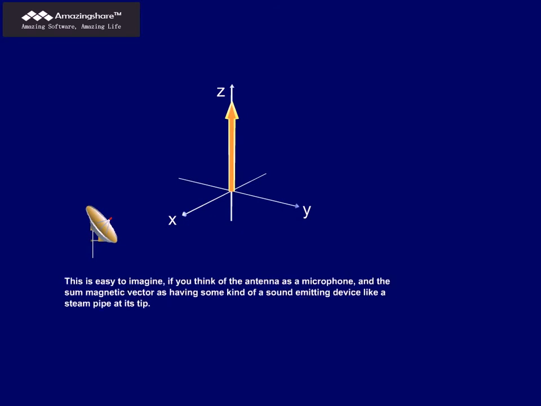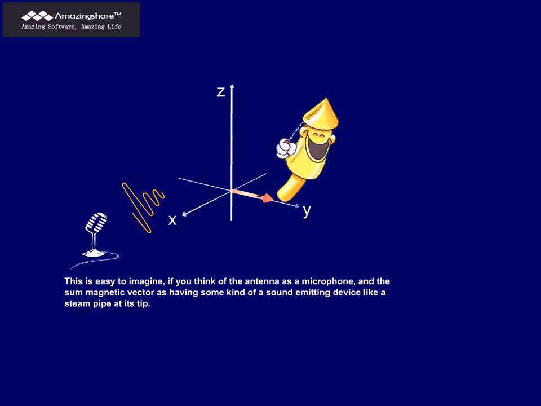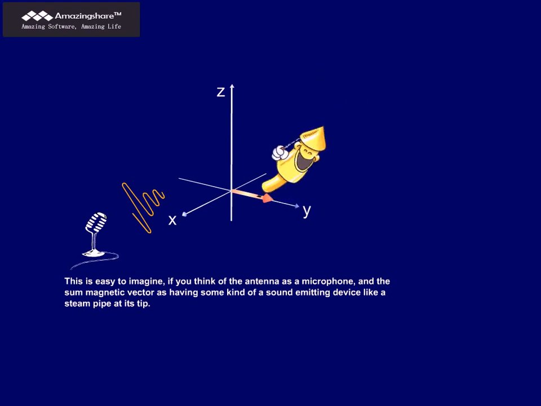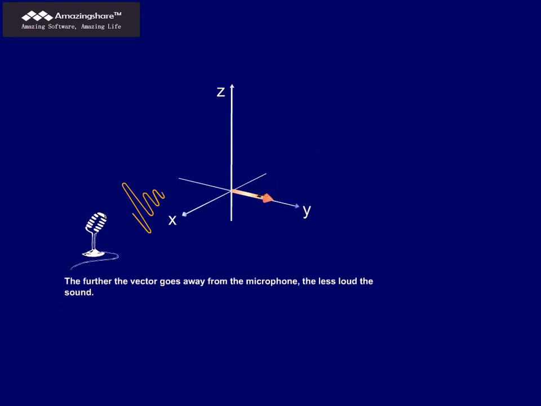This is easy to imagine if you think of the antenna as a microphone, and the sum magnetic vector as having some kind of a sound-emitting device like a steam pipe at its tip. The further the vector goes away from the microphone, the less loud the sound.